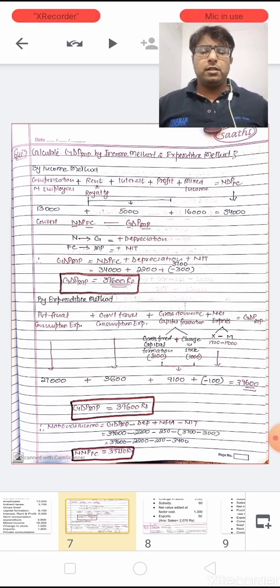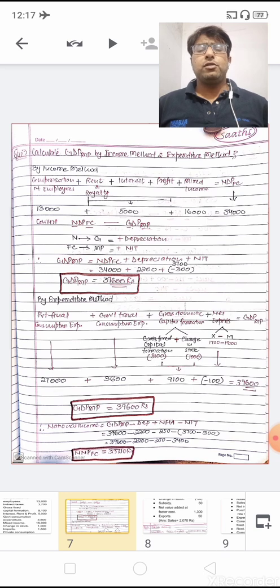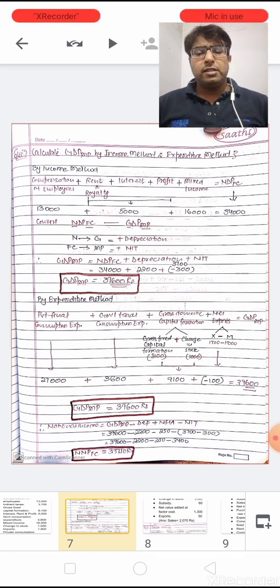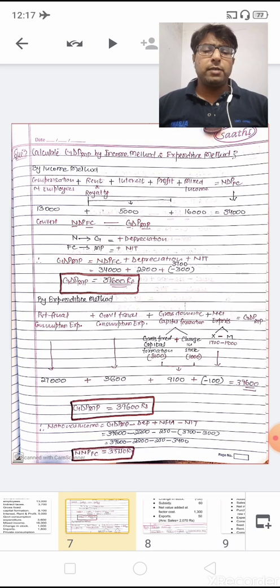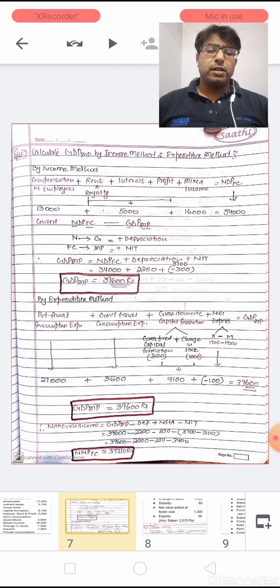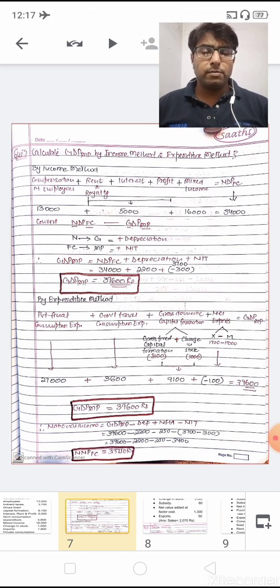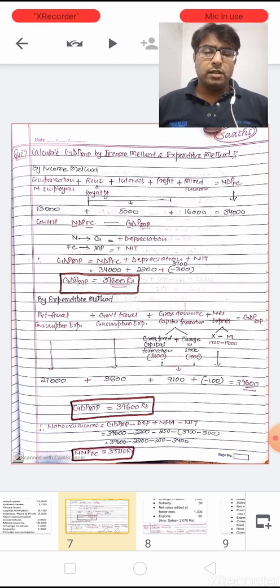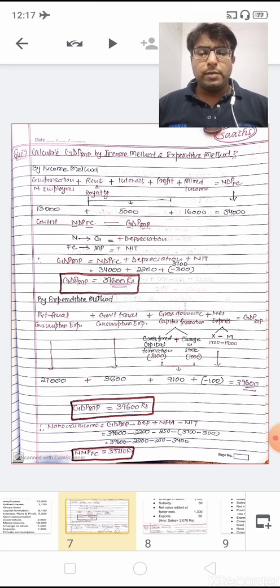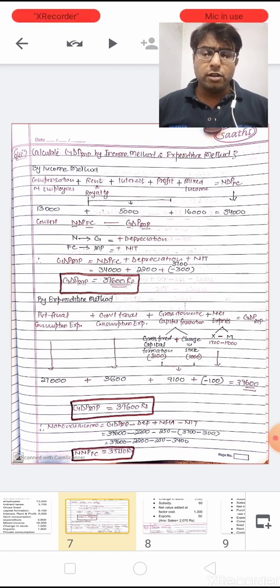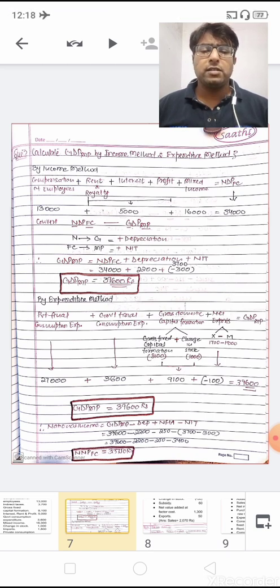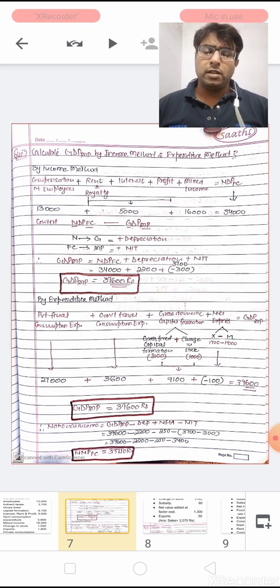So children, when we have to solve the same question by the expenditure method, we apply the formula: private final consumption expenditure plus government final consumption expenditure plus gross domestic capital formation plus net exports equals GDP-MP. Children, private final consumption expenditure is given as 27,000, whereas government final consumption expenditure is given as 3,600, but the value of gross domestic capital formation is not given in the question.